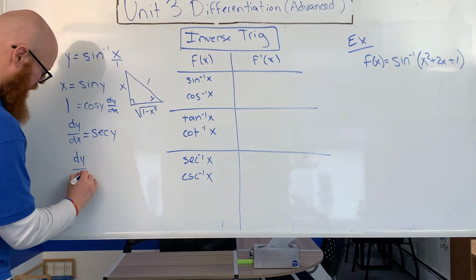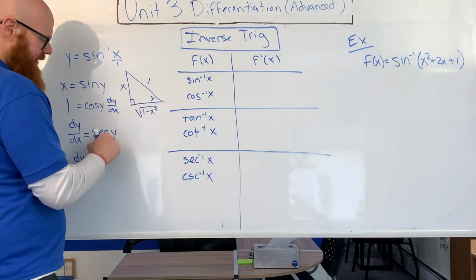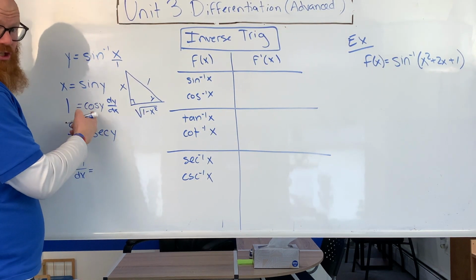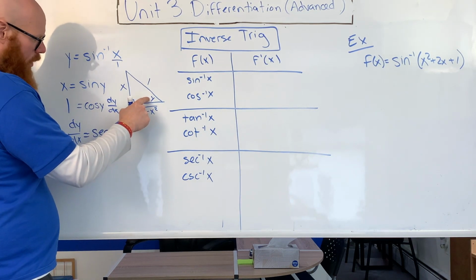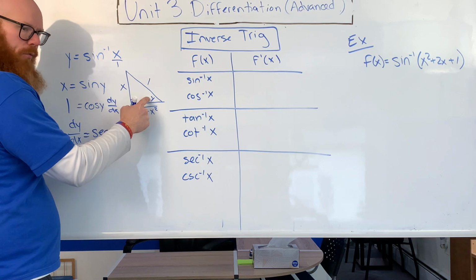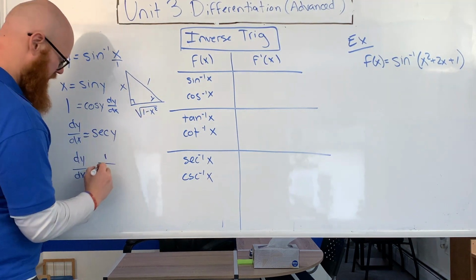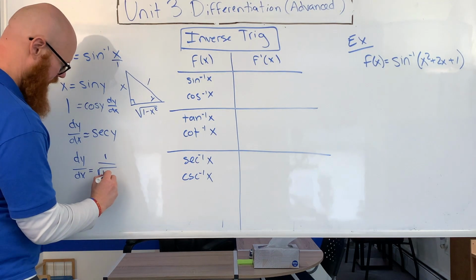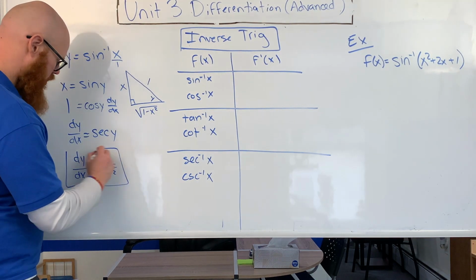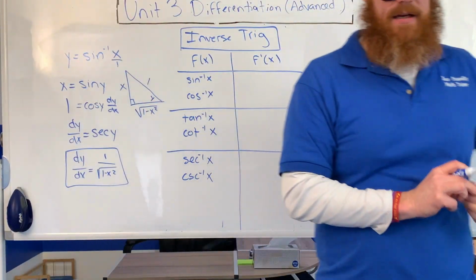The secant is the reciprocal of cosine, as we just saw. So the secant of y is going to be the hypotenuse over the adjacent. So that's 1 over the adjacent side, which is the square root of 1 minus x squared. So that is the derivative of sine inverse of x: 1 over root 1 minus x squared.